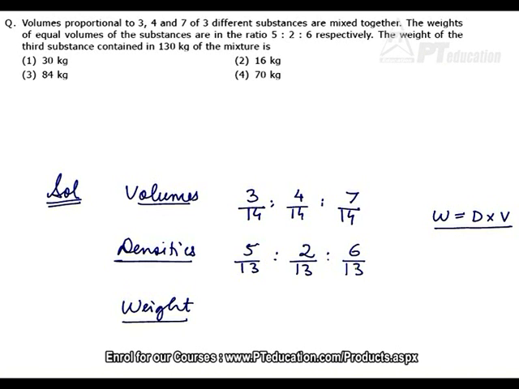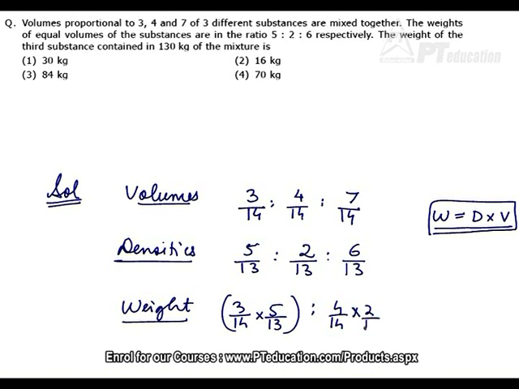And now we are asked to find weight. But we know the formula for weight is density into volume, from basic physics. So just multiply it together, and the ratio of these three weights will be 3 by 14 into 5 by 13 is to 4 by 14 into 2 by 13 is to 7 by 14 into 6 by 13.